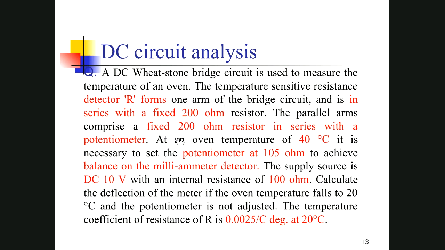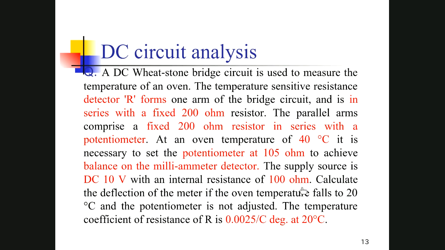And at an oven temperature of 40 degrees, it is necessary to set the potentiometer at 105 ohms to achieve balance on the milliampere detector. Okay, so the supply source is DC 10 volts with an internal resistance of 100 ohms. So this is the question.